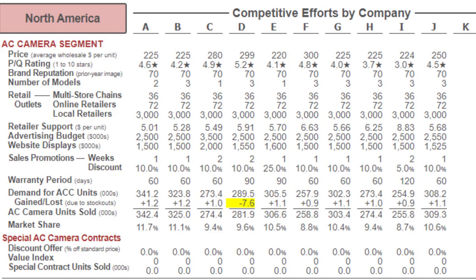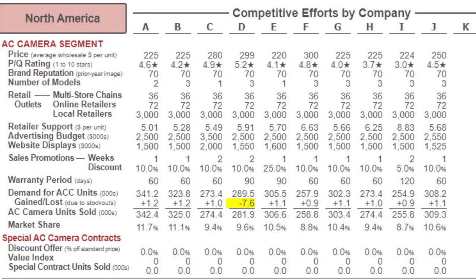It was company A and I believe I that were the worst ones. So A has a drone they're selling for $225, PQ rating at 4.6. Okay, so that's reasonable. So it seems like they're pretty solid with the North America aspect of it. The market share, they have 11.7%. So they're fine because they're pretty comparable to B, but they have a little bit larger market share. So I would say they're fine there.